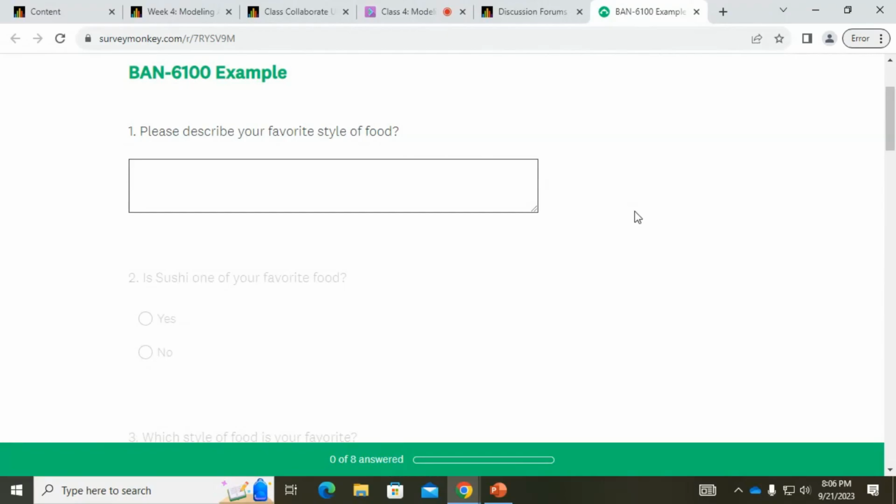So this first one, please describe your favorite style of food. What kind of data? Descriptive, yeah, so it'll be descriptive. What other kinds of things can we say about the data that would go into this box?